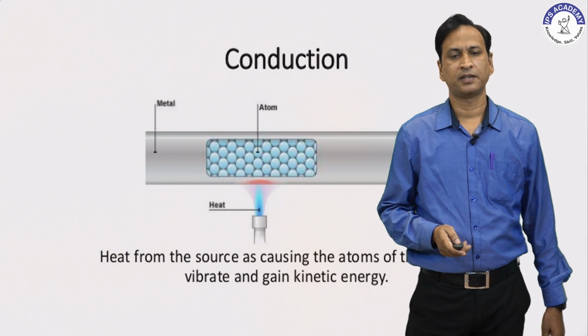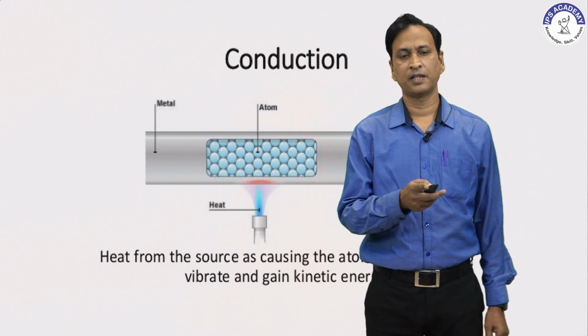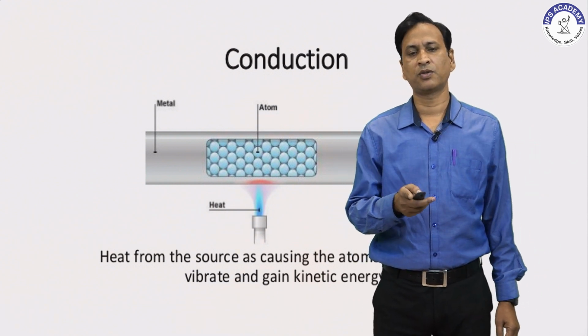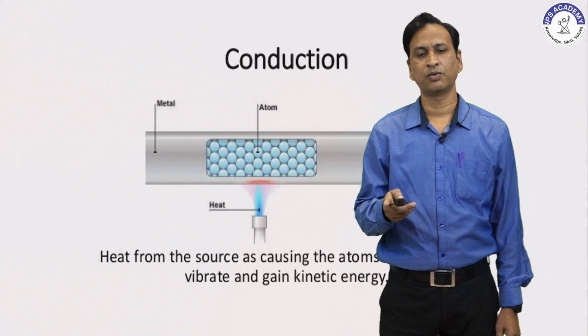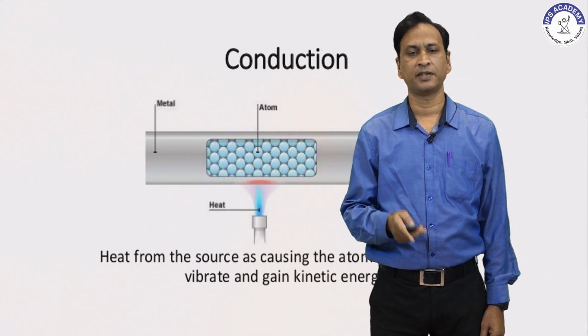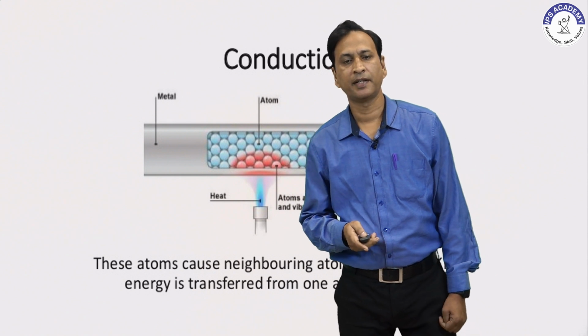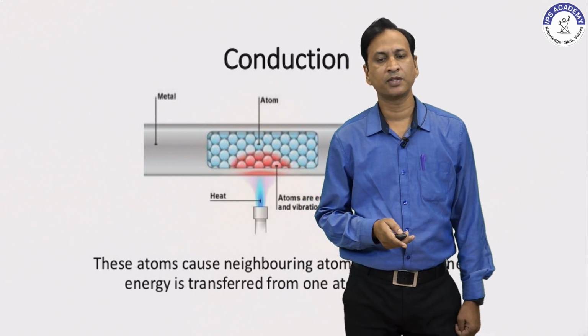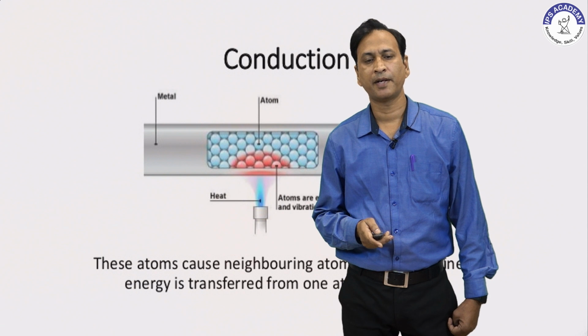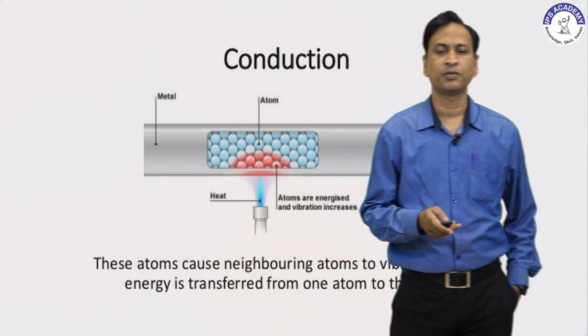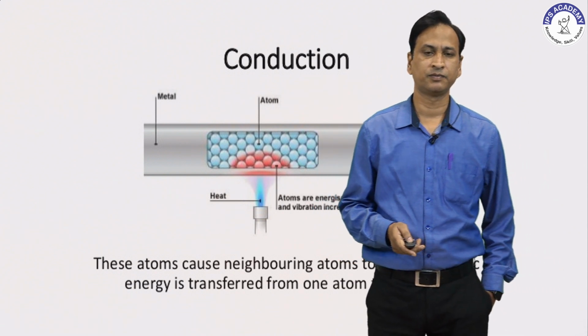Now, conduction. Conduction is when heat from a source causes the atoms of a solid to vibrate and gain kinetic energy. These atoms cause neighboring atoms to vibrate. Kinetic energy is transferred from one atom to the next.